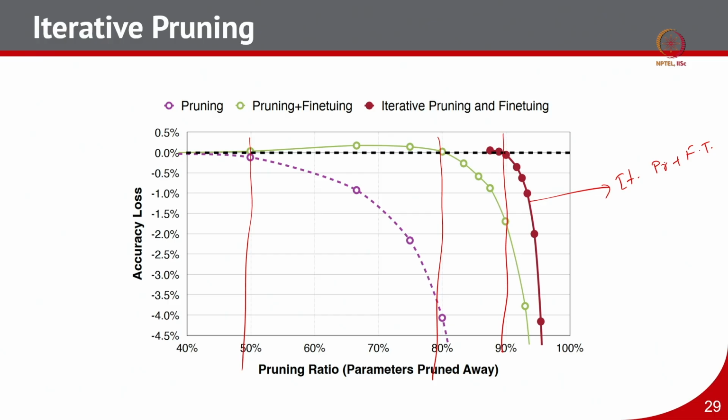If we perform these activities in an iterative fashion, iterative pruning and fine tuning will provide a 90% pruned network without any loss in accuracy, right. So, that means we can develop new techniques which can recover the lost accuracy after pruning, right, and we will discuss more of these techniques.